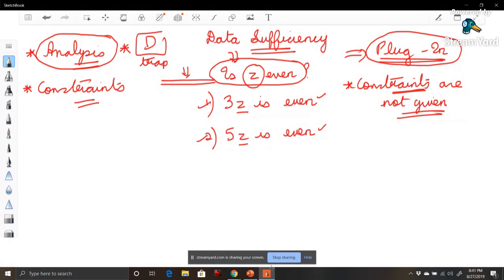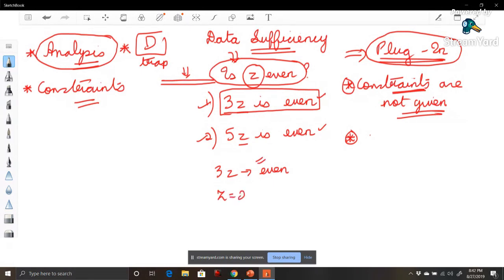Now, this is how I would plug in. If you're plugging in values on a data sufficiency question, you have to be very structured in the way you plug in values. You have to make sure that the initial values you plug in satisfy the information that the question stem or the statement gives you. So the first statement tells me that 3z is even. So I'm going to quickly plug in a value for z that satisfies this statement.